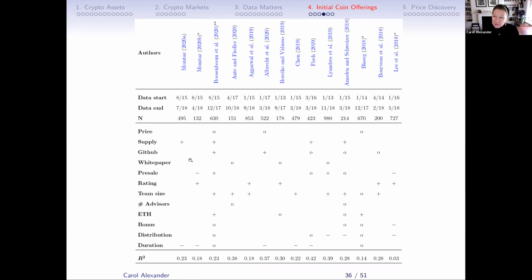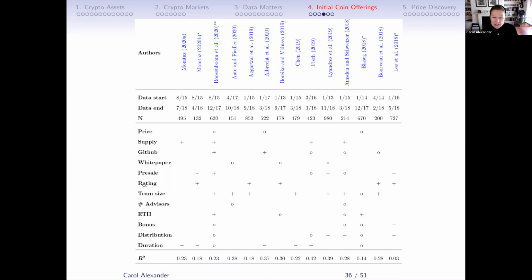Strangely, the existence of a white paper was not often looked at, and when it was, it didn't seem to have much relevance in these studies. The existence of a pre-sale, I mean, not all of them have early investors. They might simply have one venture capitalist, or the team might put up their own resources and they may not have any pre-sale at all.